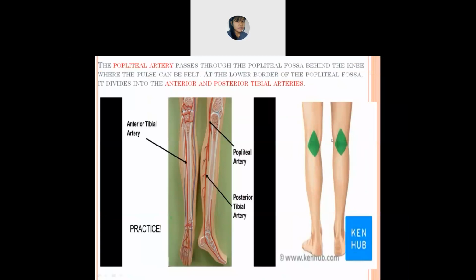So what is the name of the pulse? Popliteal artery. Yes, the answer is already there. Okay, good. So in this area, you will be able to feel your pulse. So this is the popliteal artery.